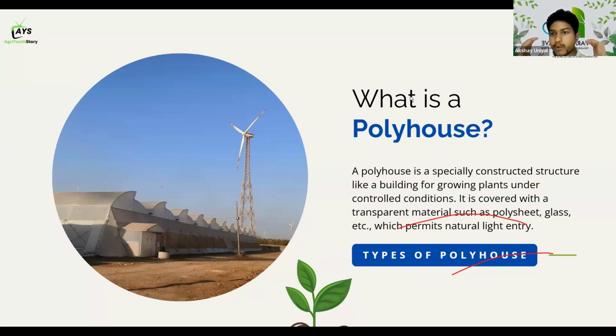So we need a proper protective structure where we can protect the plants from adverse climatic conditions like sudden winds and rain and everything. We can also protect the structure from airborne diseases and airborne pests. We can reduce that, and we also need to provide a slightly lower temperature inside the polyhouse.